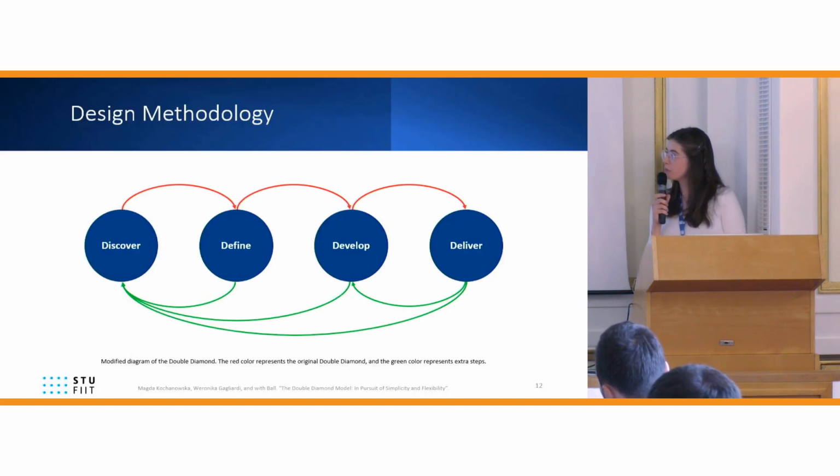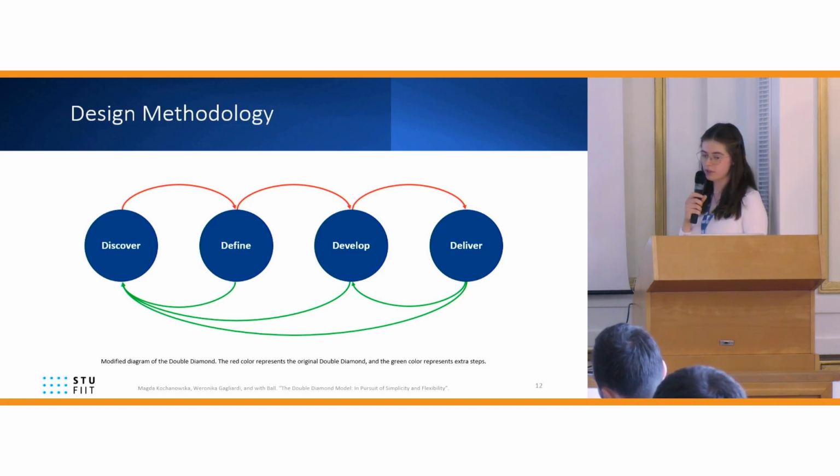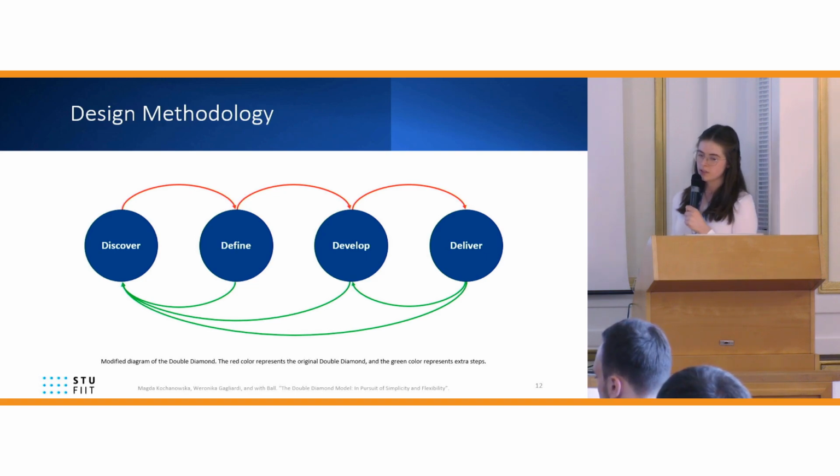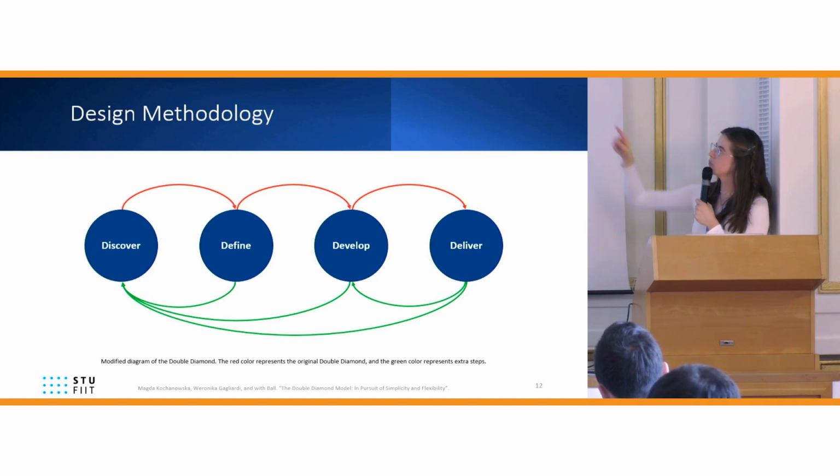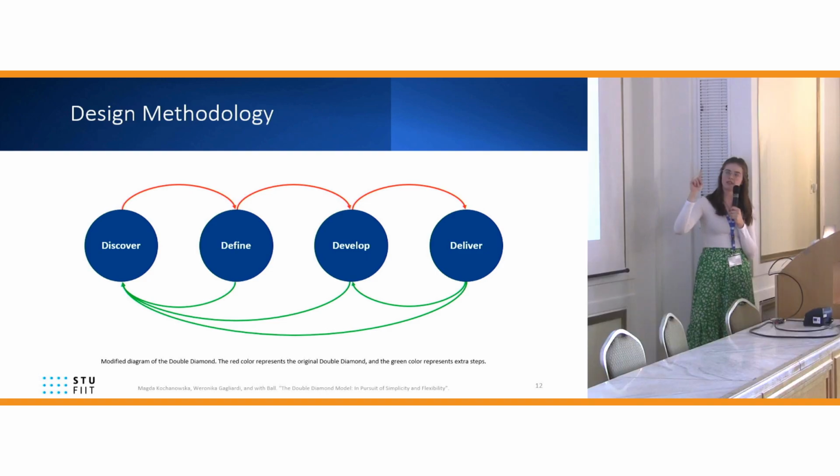So in order to design the proposed system, we needed to adapt the traditional double diamond methodology as illustrated in the figure. The process doesn't follow the predefined order of phases, which are the red lines, but rather transits between them as required.